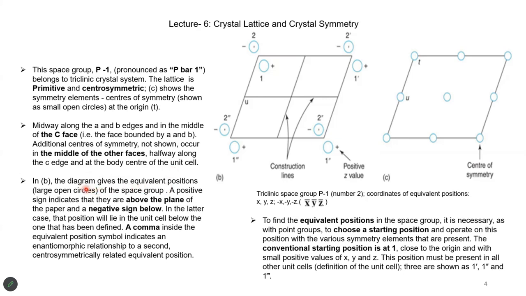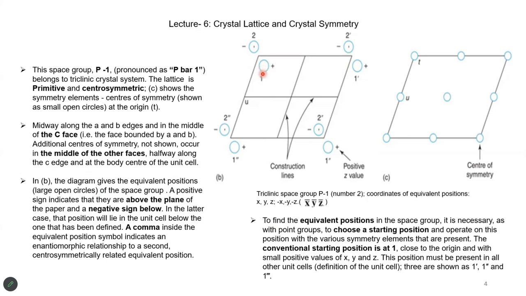Okay. In diagram B, what we are doing now is looking for the equivalent positions. To find the equivalent position, we have to choose a starting point. We have to show where to start.